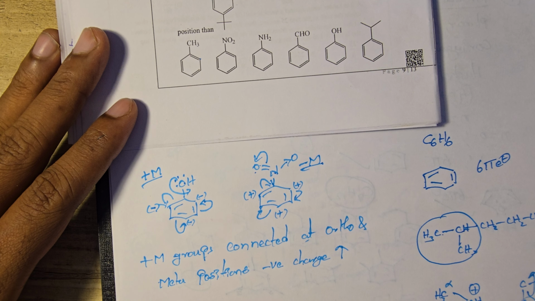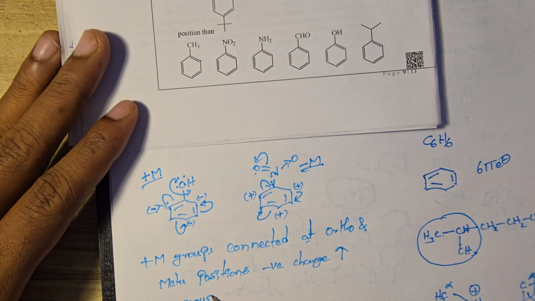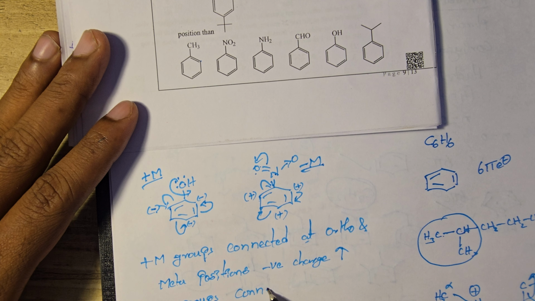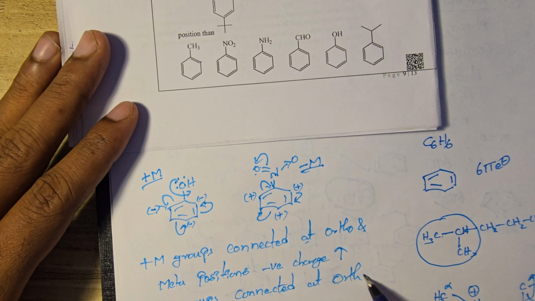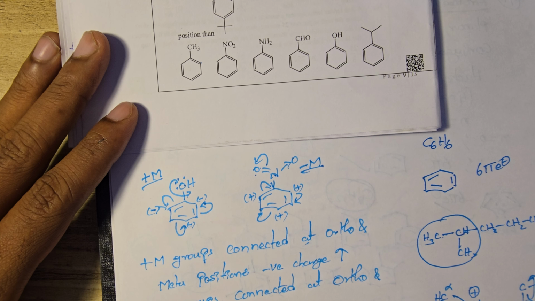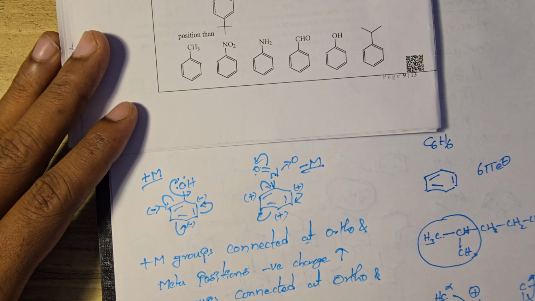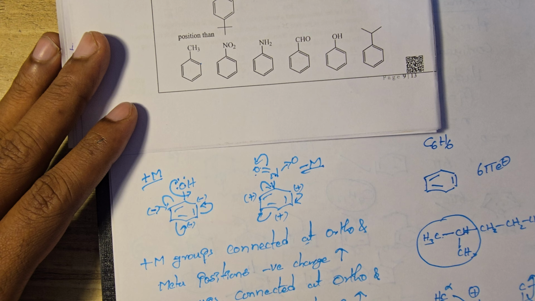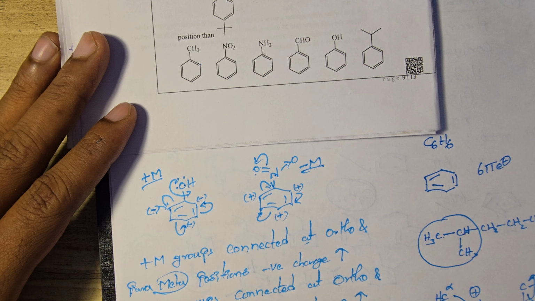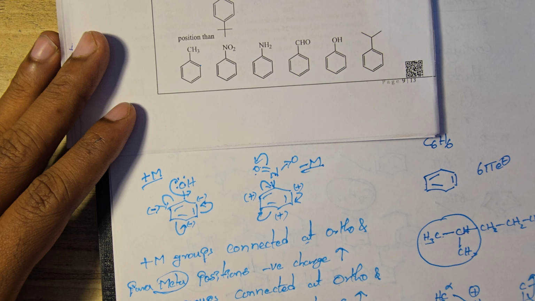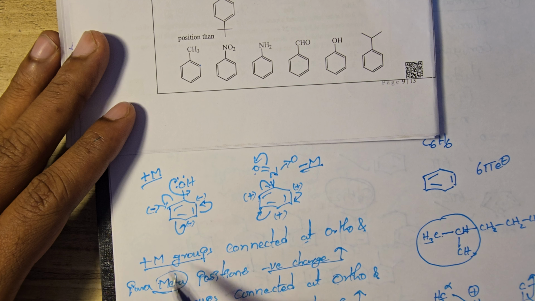When minus M groups are connected at ortho and para positions, positive charge increases. Sorry students, this is the para position. So positive charge increases with minus M groups, and negative charge increases with plus M groups.